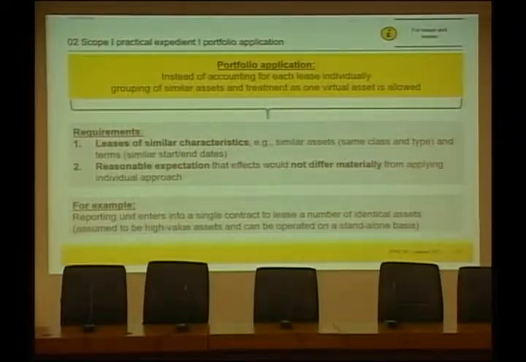Then the other practical expedient available under IFRS 16 is that if you want to lease, for instance, 20 vehicles with the same lease term and the same lease payment, then instead of treating these as 20 different assets, you can treat this as one virtual asset and capitalize it as one right of use asset. The IASB has allowed that if the impact of capitalizing these individually is not material, then you can go for a portfolio approach.